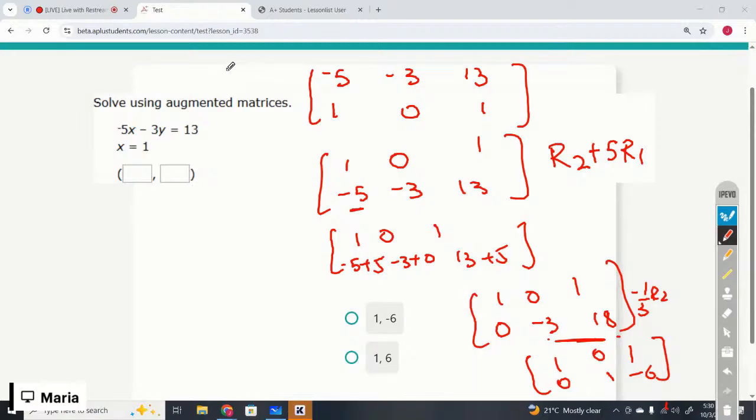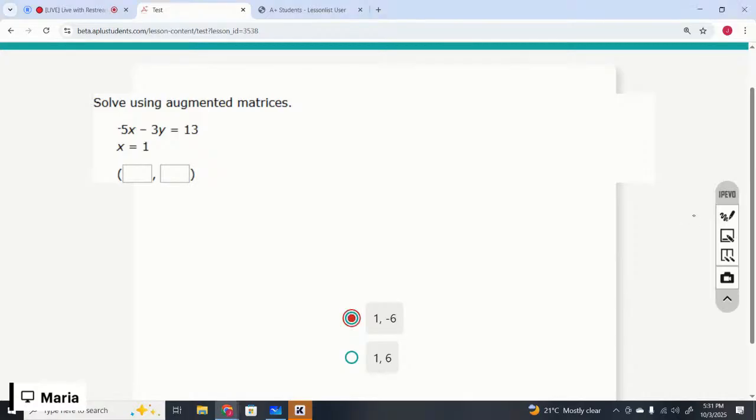Option number 1 is the correct option, that is 1 and negative 6.